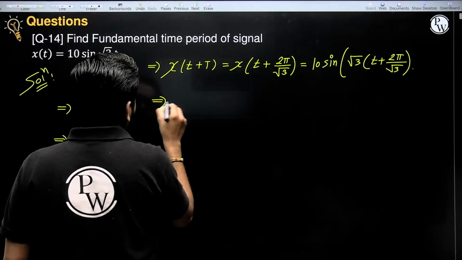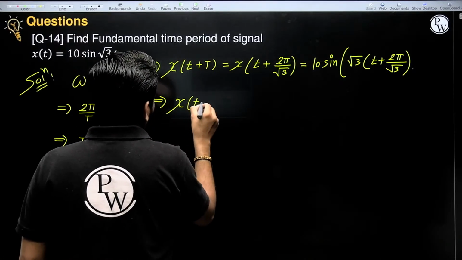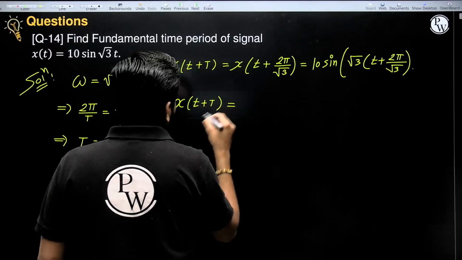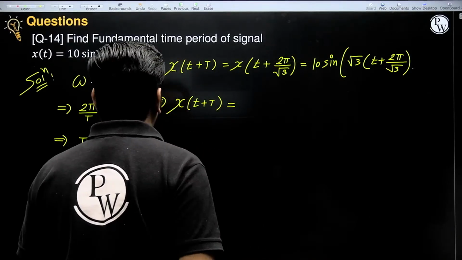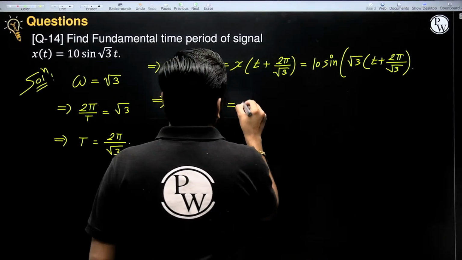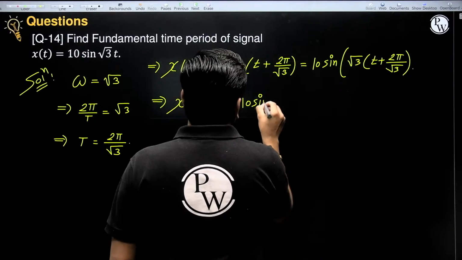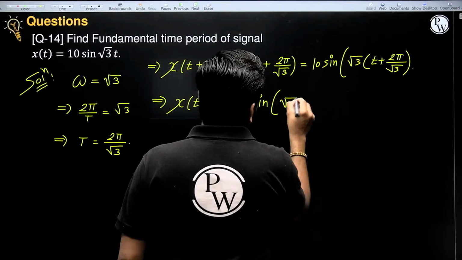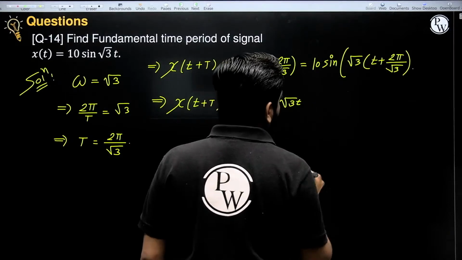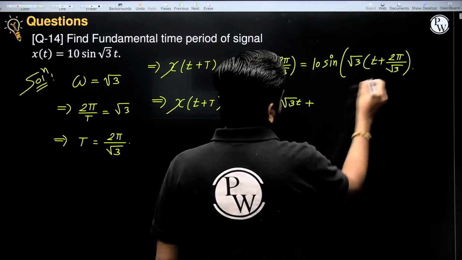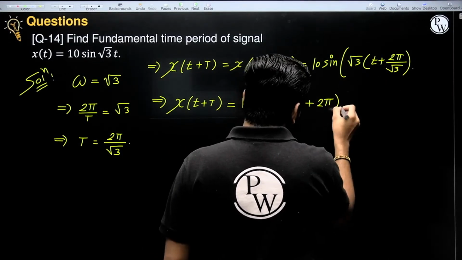Here x of t plus capital T is sine (root 3 t plus root 3 times 2 pi by root 3), where the root 3 cancels out, leaving 2 pi.